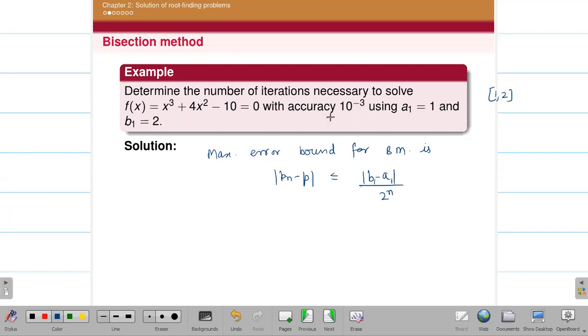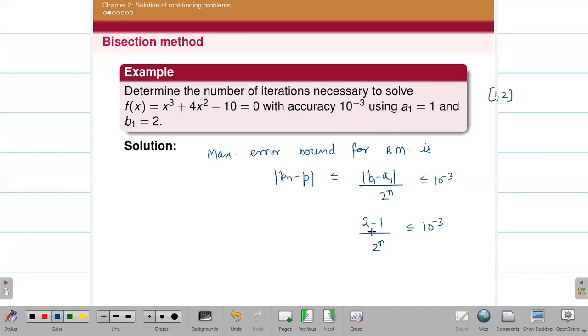Now the accuracy is given, that the error bound will not exceed 10 raised to power minus 3. So what will be the number of iterations? It means how many iterations you have to perform for the bisection method so that you get your approximating root with the accuracy of 10 raised to power minus 3. So here (2 minus 1) divided by 2 raised to power n is less than or equal to 10 raised to power minus 3.